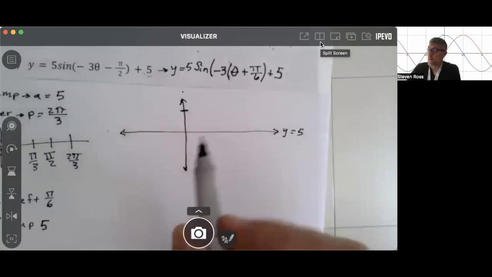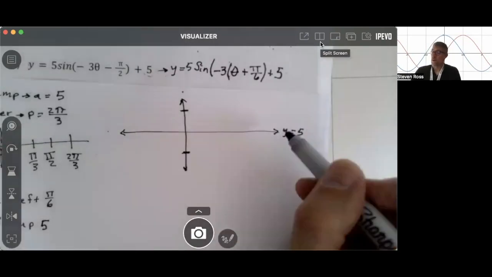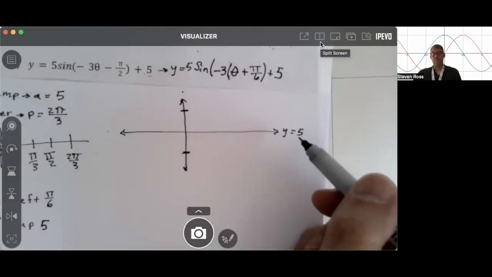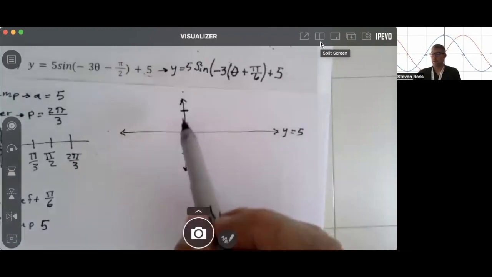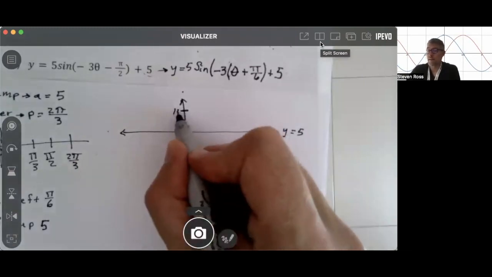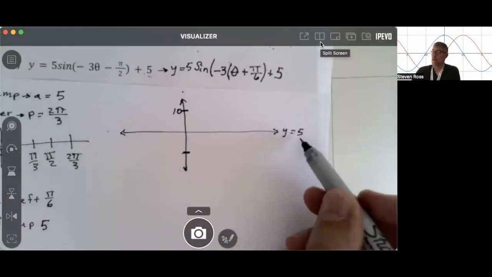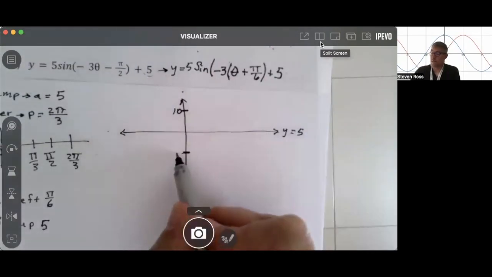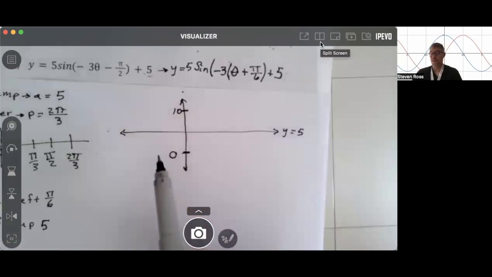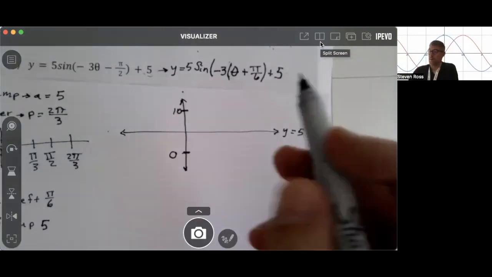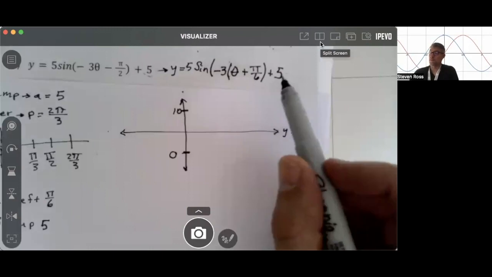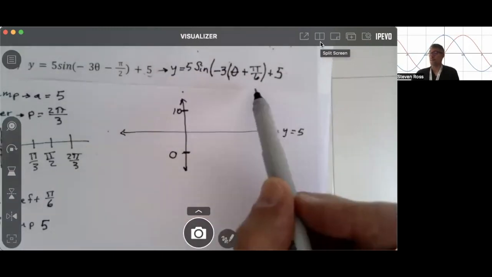I know that if it starts on the midline at 5, and we're going to go up 5, then that's going to be a 10. And then 5 minus 5 gives me a 0 down here. Well, 0 tells me that's going to be the x-axis down at the very bottom. Okay, that's the x-axis. All right, so that takes care of the plus 5 and the amplitude of 5.